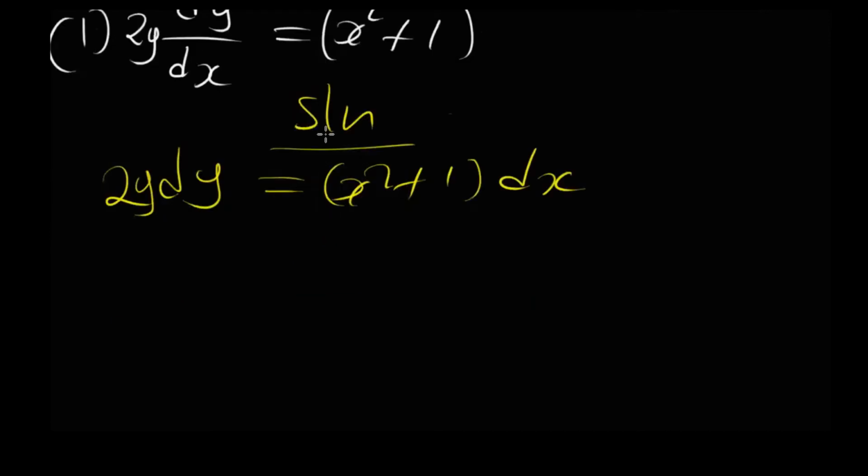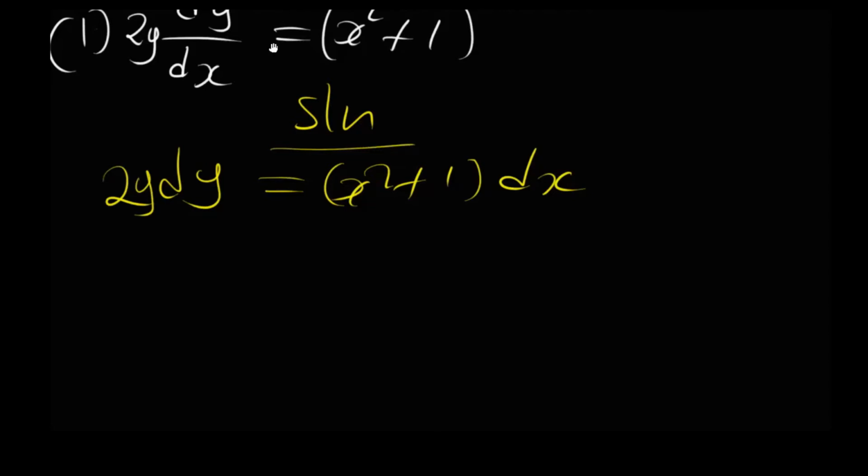Now, having done that, that means we can now introduce the integration, right? Not integration factor, but integration to both sides. You can just integrate both sides. Oh, okay. Yeah. If it's separable like this, the first step, just separate. The second step, introduce integration both sides.